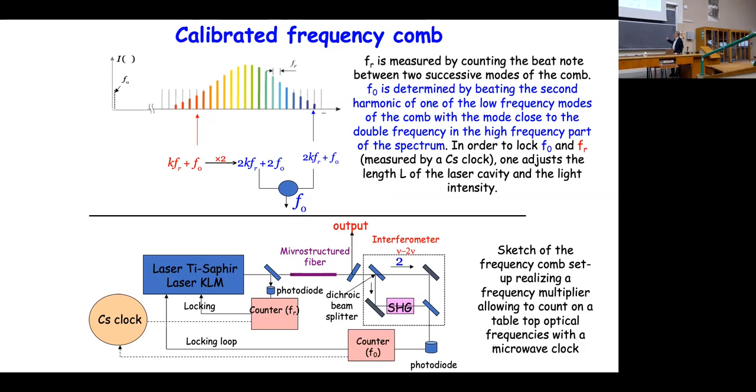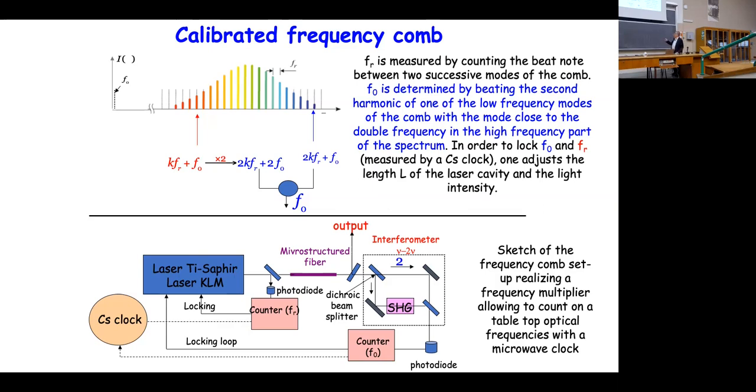This is your output signal, and part of the light is going into a Mach-Zehnder interferometer. So this is the device which will compare the second harmonic with the peak of the comb corresponding to 2K.